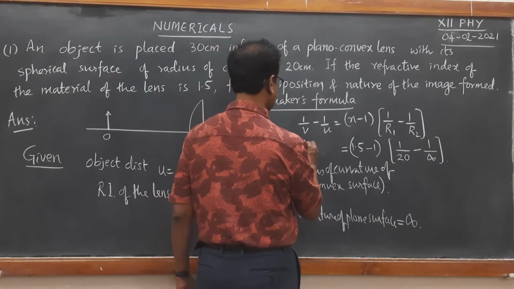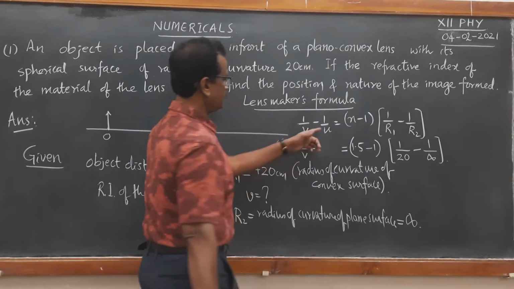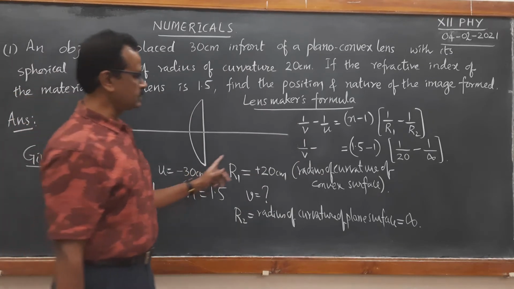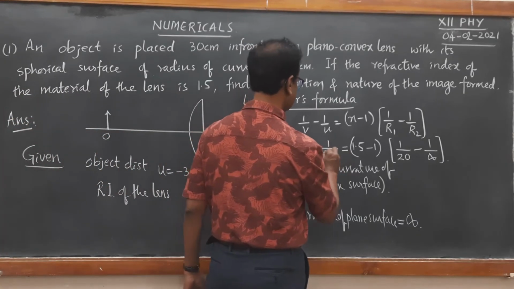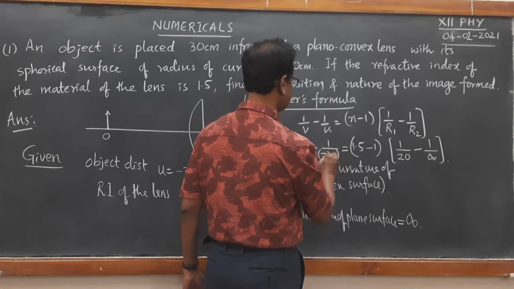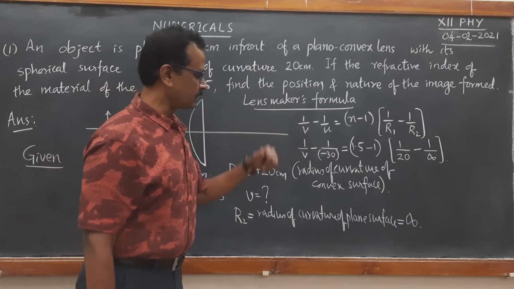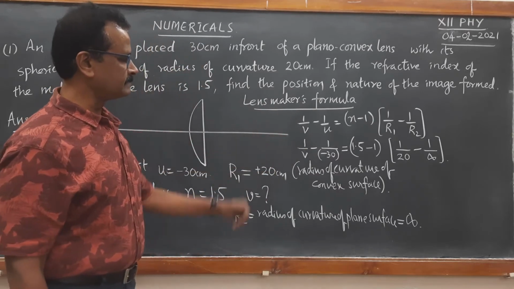Now this is 1/v minus 1/u, and u is minus 30, so minus of minus 30 becomes 1/v + 1/30.